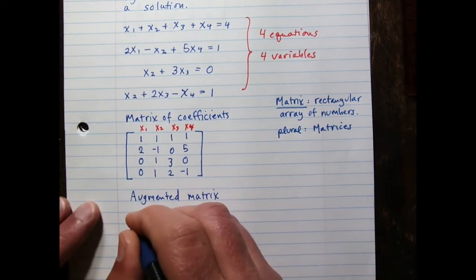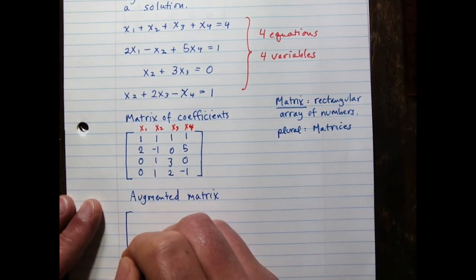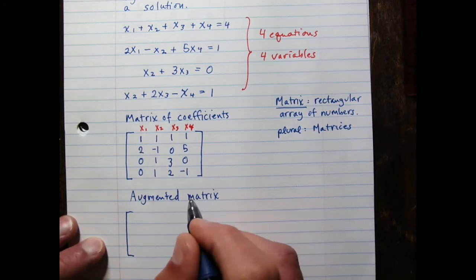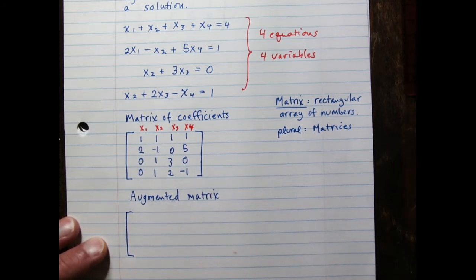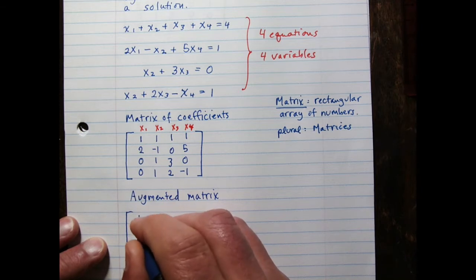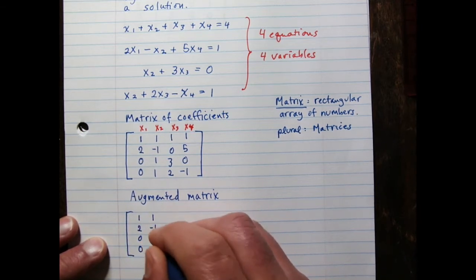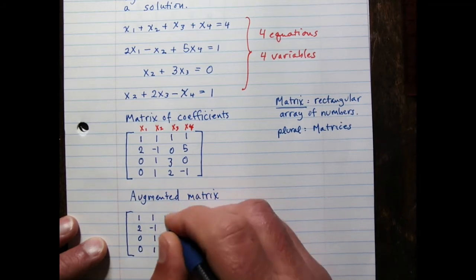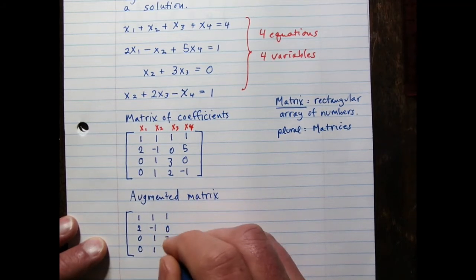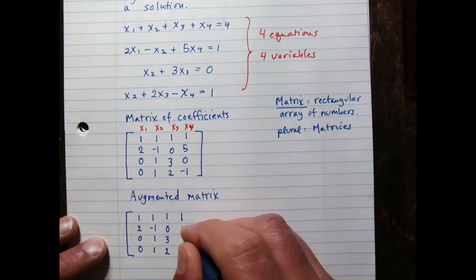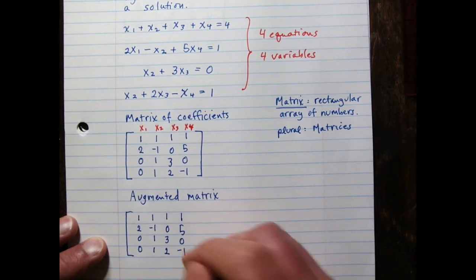And the augmented matrix is just the matrix of coefficients with something added on. It's been augmented. So we start out with 1, 2, 0, 0, 1, negative 1, 1, 1, 1, 0, 3, 2, 1, 5, 0, negative 1.